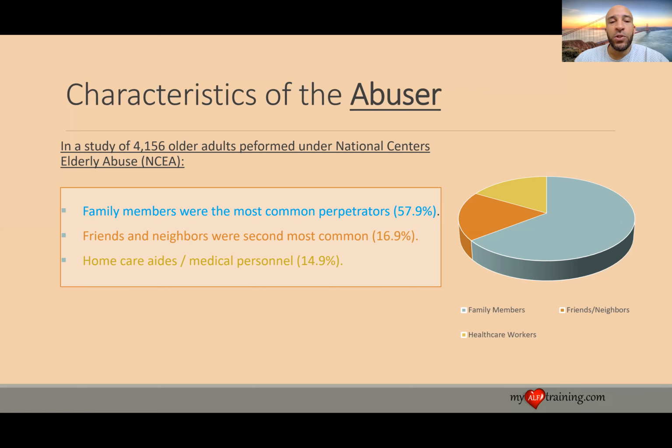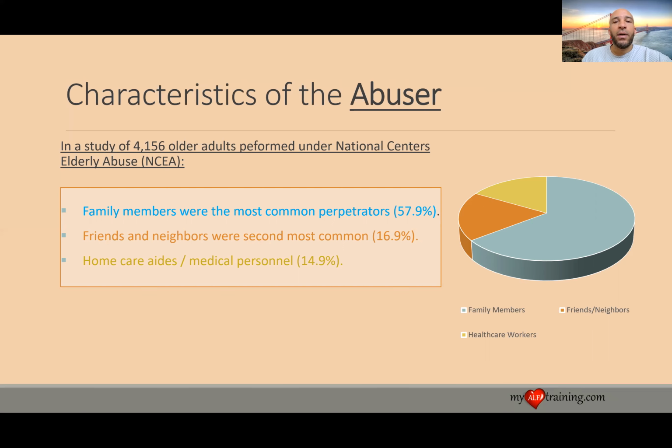Again, just to stress, even though it may seem like I'm addressing you, the healthcare worker working in a facility, I'm not targeting us. I'm trying to give us the information to recognize the family members who are the most common perpetrators, or the friends and neighbors, or even other healthcare aides and medical personnel that you work with.